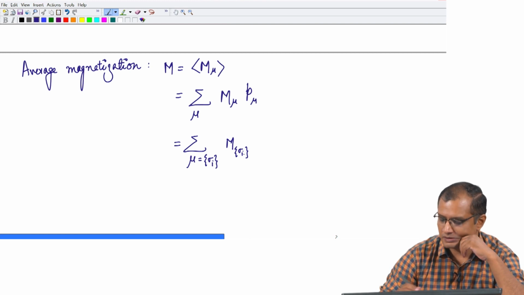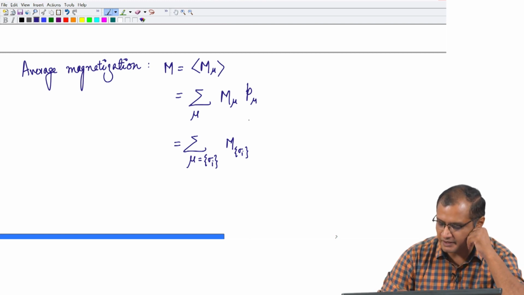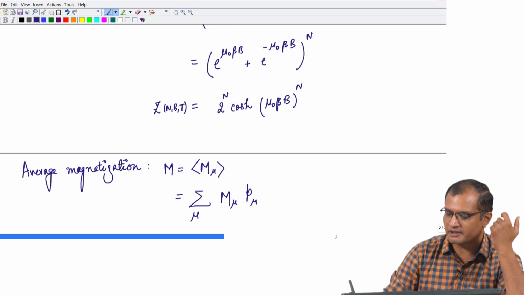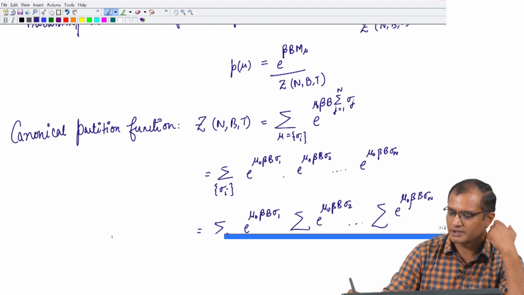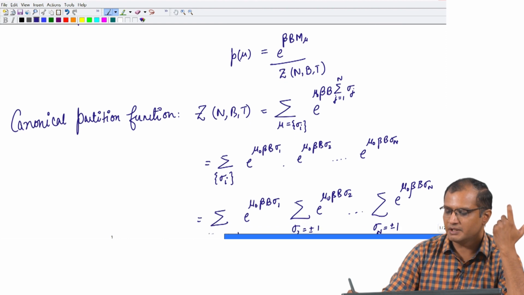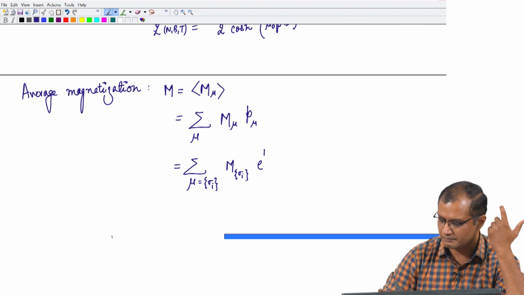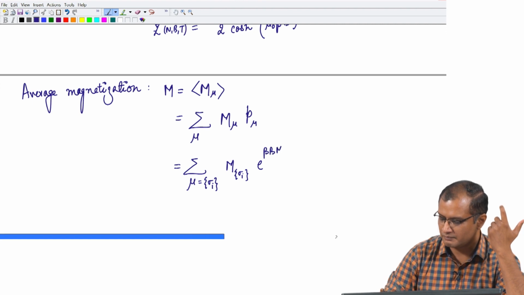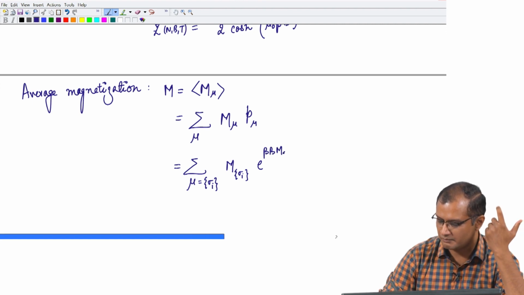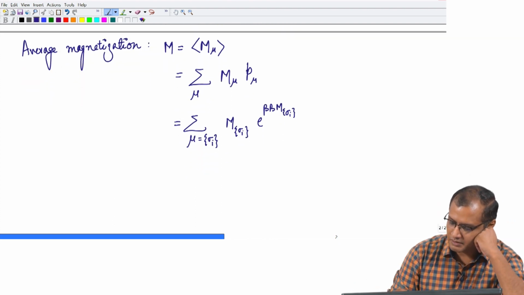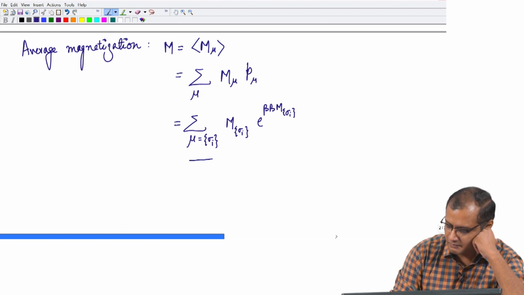magnetic moment in this PDF, which is given as e to the power beta B m, and this has to be divided by the partition function.